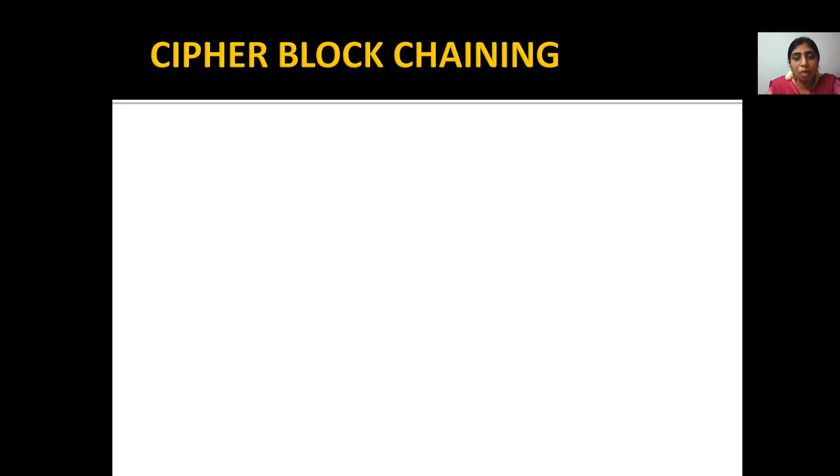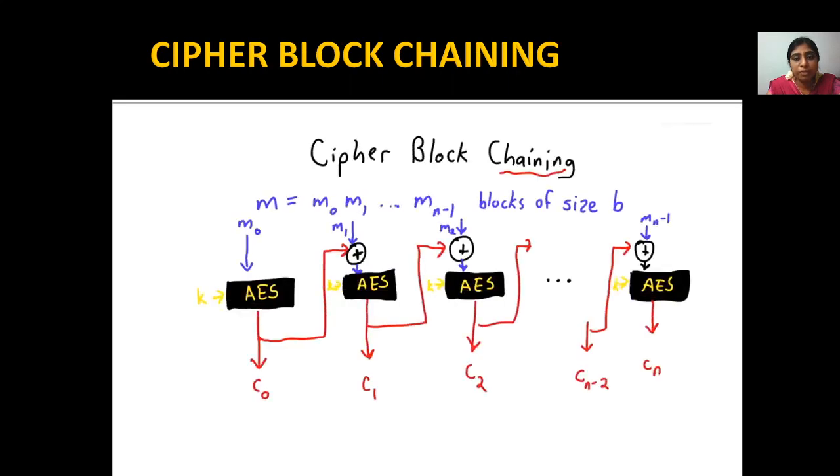Then coming to how the cipher block chaining works. Previously we have already discussed the cipher block chaining method. Here we take the message M0 and apply one of the encryption algorithms, which can be AES or DES, and using a key we get the ciphertext.